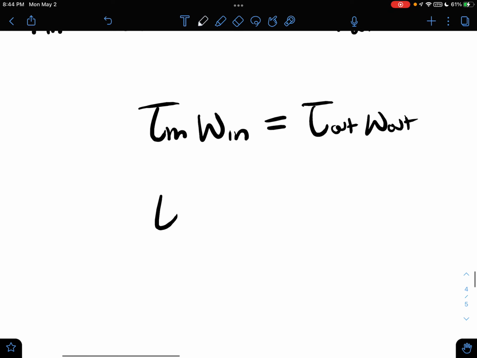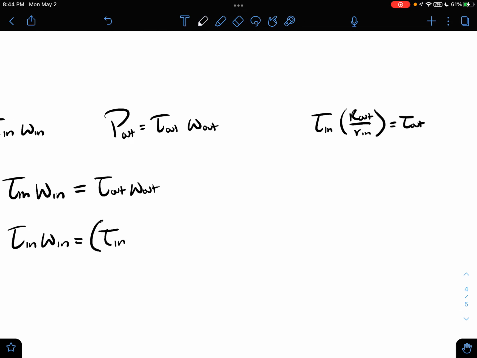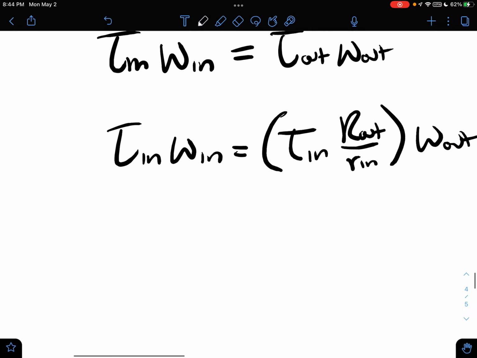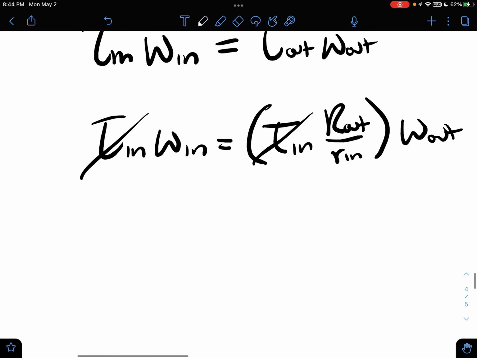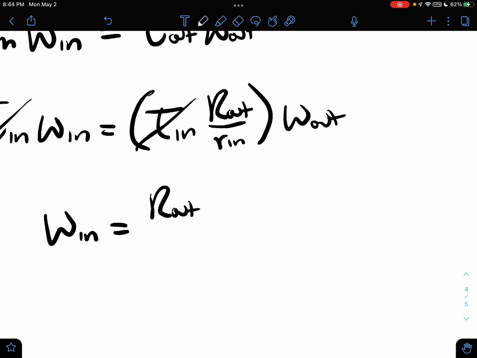It's going to give me that T in omega in equals T in, big R over little r, omega out. I divide T in from both sides, and that gives me that same relationship that we just had, R out over R in, omega out.